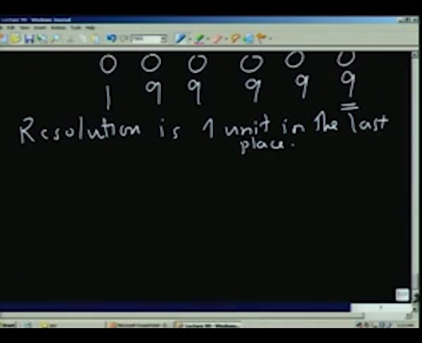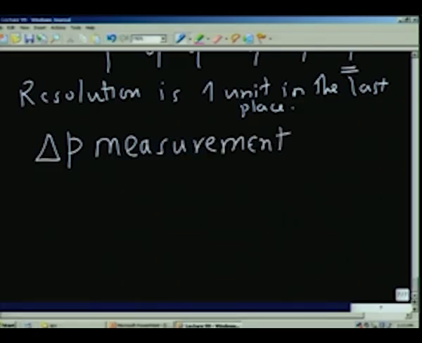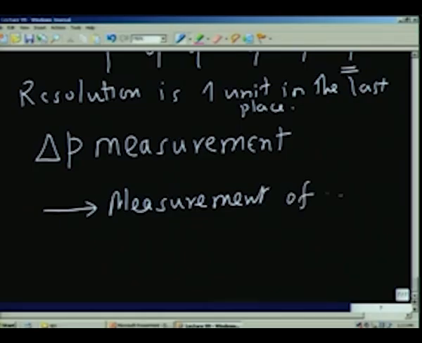So, let us look at a typical example of delta p measurement. This will correspond to the measurement of air velocity.